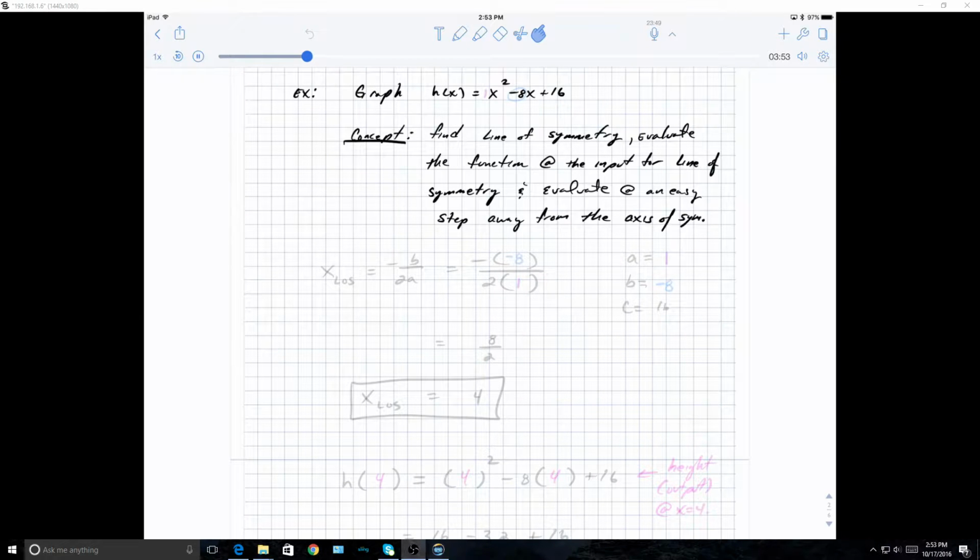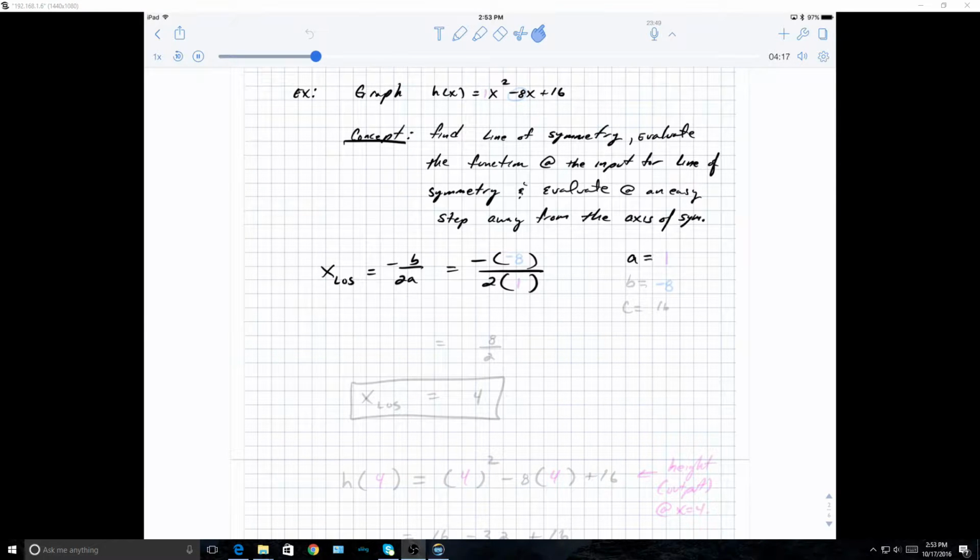So the very first thing that we're going to have to do is find the line of symmetry. I'm just going to call that x sub LOS, and that's equal to negative b over 2a. I'm just going to label it like this so you can see where I'm getting all these numbers for the variables.